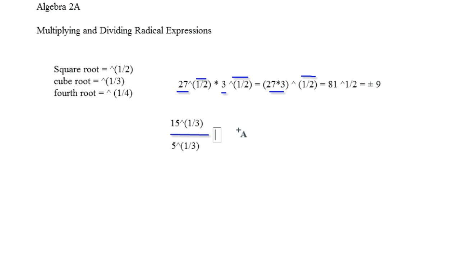Don't be. They're not that scary, because since they both have the same radicand, you can just go ahead and divide 15 divided by 5, raise that to the 1/3 power, and that will equal 3 to the 1/3. So that's pretty simple right there.